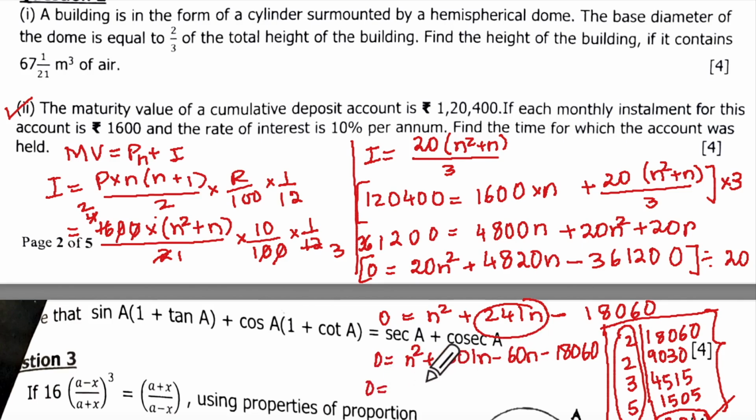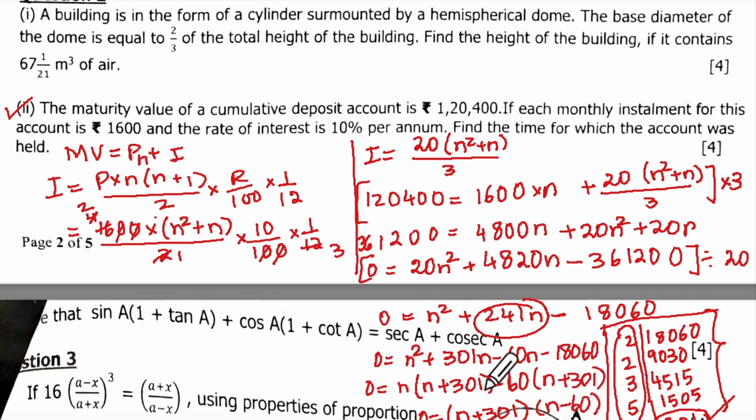So this will be, can I skip one step because I want to hurry? Minus 60 into bracket n plus 301. Okay, so that will give you 0 equal to n plus 301, and the second bracket is n minus 60.